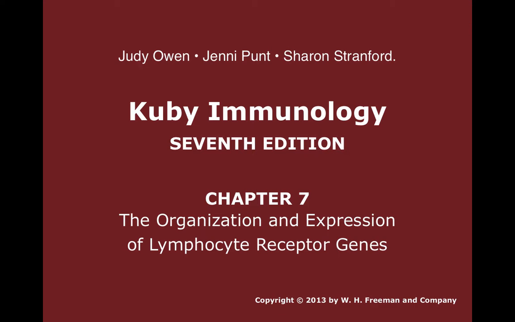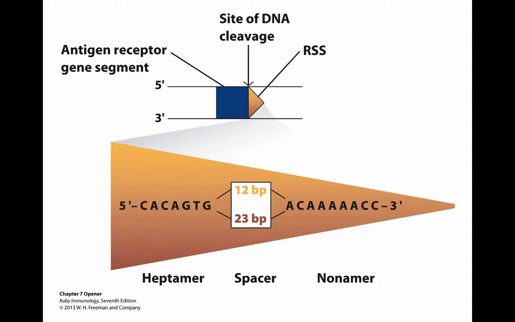But nobody really knew how genes could rearrange like this until Tonegawa started coming up with some of his research. So what we have here is basically the recombination signal sequence. You're going to have to memorize this. The signal sequence is a combination of a heptamer and a nonamer. They're linked together with either a 12 or a 23 base pair sequence. Now, the 12 or 23 base pair sequence is always the same length.